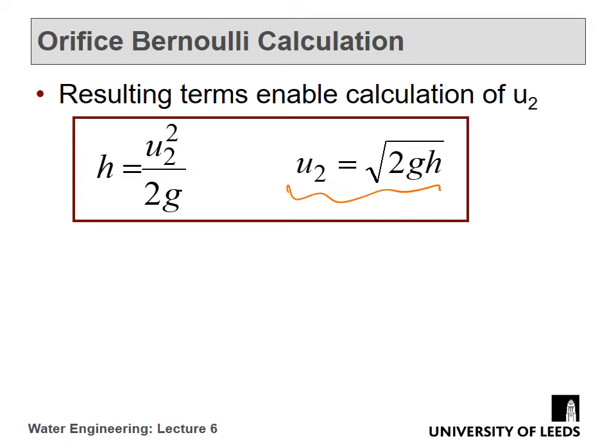We'll see it again and again. The velocity is equal to the square root of 2G times the height of the fluid above the orifice. This is the velocity of the flow coming out of the hole. It's really important that the velocity is a function of the square root of the driving head.